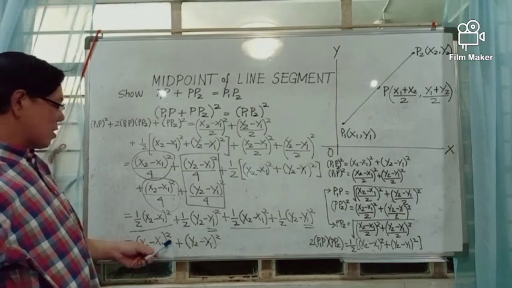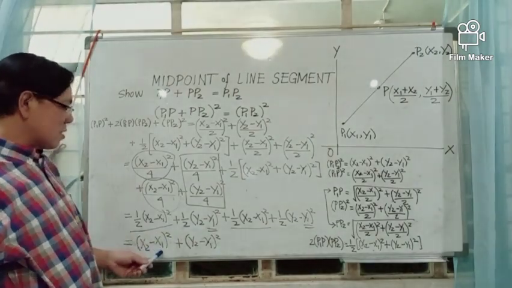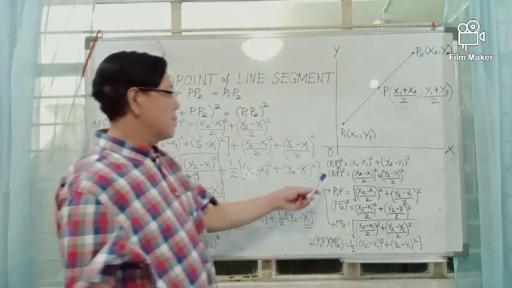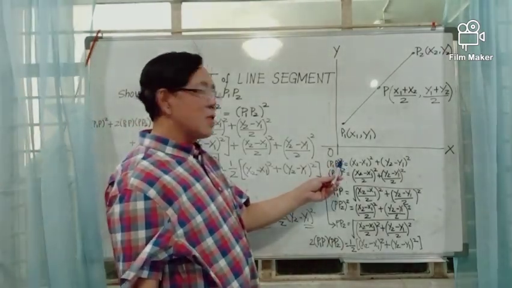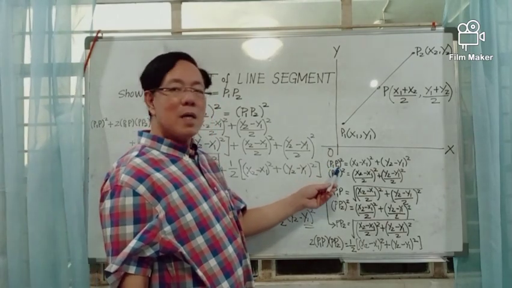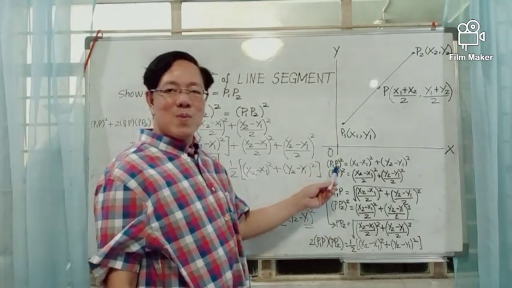But this sum, the square of x2 minus x1 and the square of y2 minus y1, is exactly equal to the square of the distance between P1 and P2.